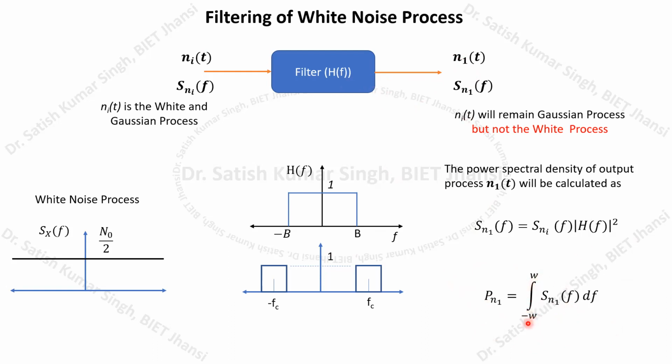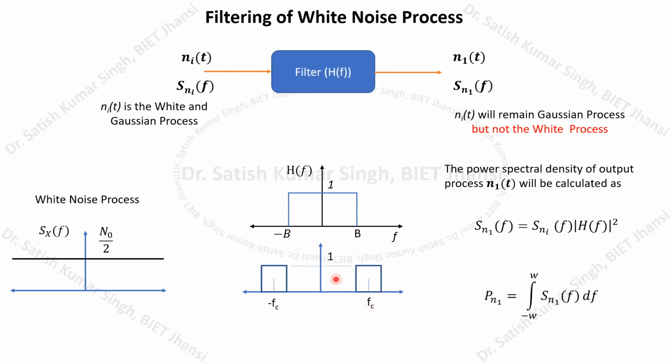The limits minus W to W that I have written belong to the pass band of the low pass filter. In the case of a low pass filter, the pass band can be minus B to plus B, or, by the symmetric property of the integration, we can make it 0 to B and multiply by a factor of 2.